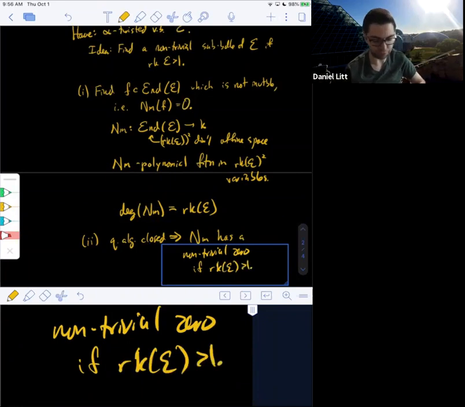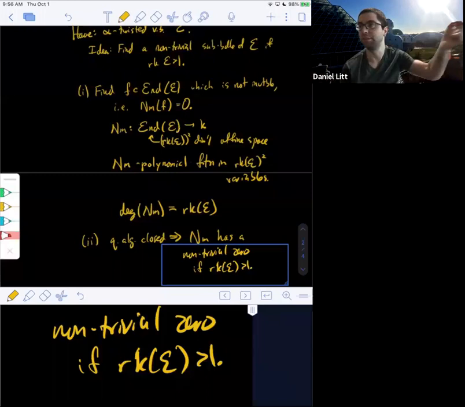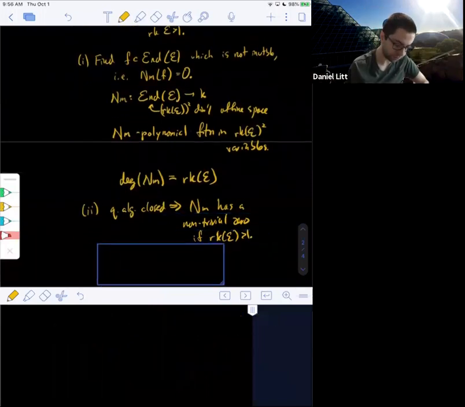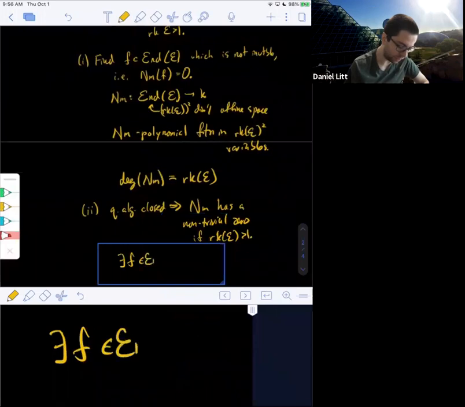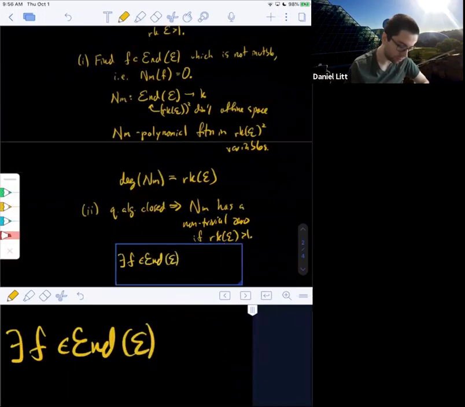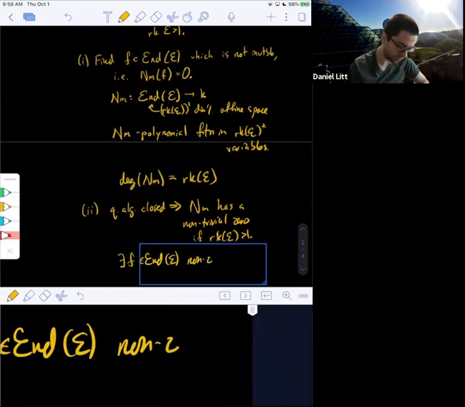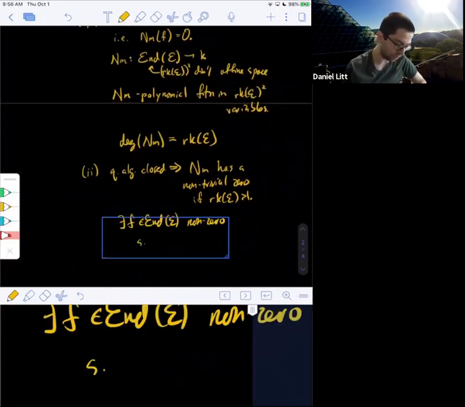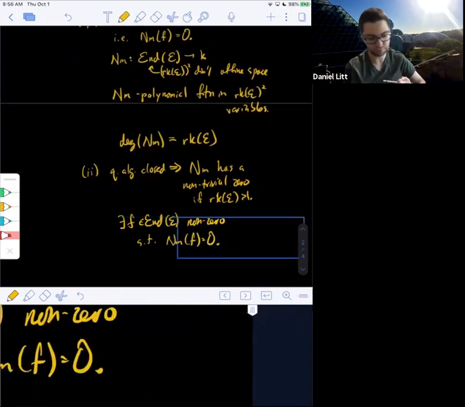And we need rank bigger than 1 because we need the degree to be less than the number of variables. So rank E needs to be less than rank E squared. So in other words, there exists f in ND which is non-zero. Quasi-algebraic closedness gives us a non-trivial 0, such that norm of f equals 0. Are you guys with me so far?